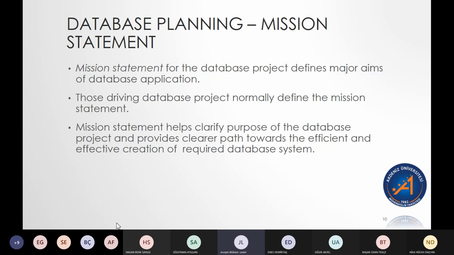The idea of a mission statement is: what is this thing for? If it's a database application for a particular company, this may be related to our company's mission statement. A mission statement is supposed to be a core purpose for whatever it is we're doing, whether it's a company, a database, or a user interface system.